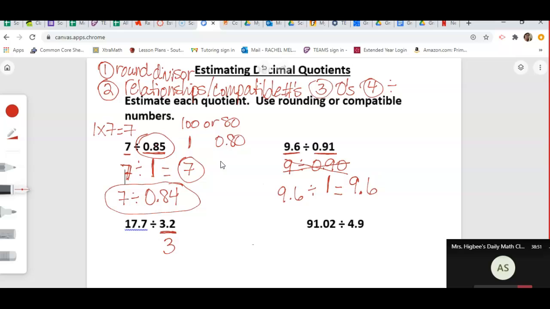Okay. All right. So now we look at our relationships. Does 3 have a relationship with 17? Anybody can raise your digital hand. Do 3 and 17 have a relationship? Roger, they have a relationship?